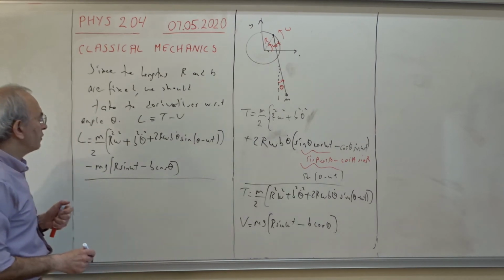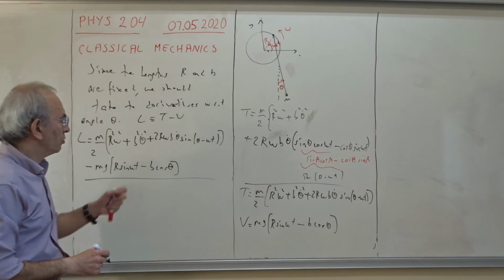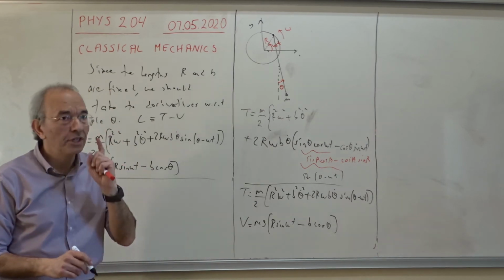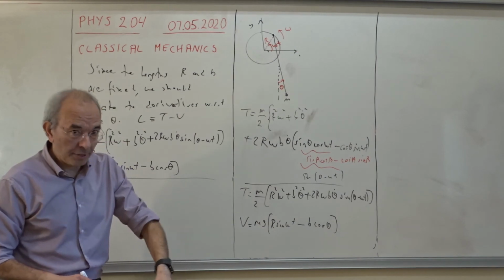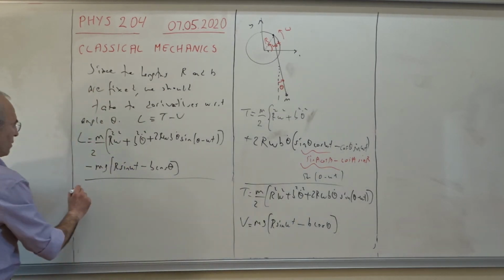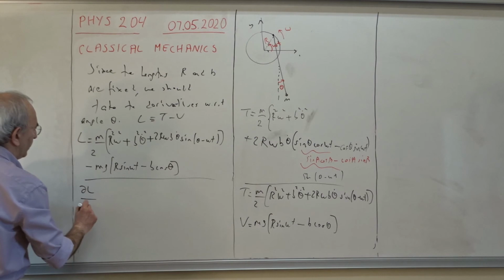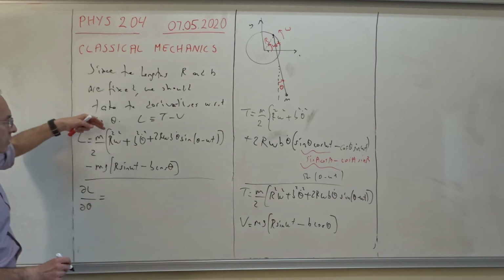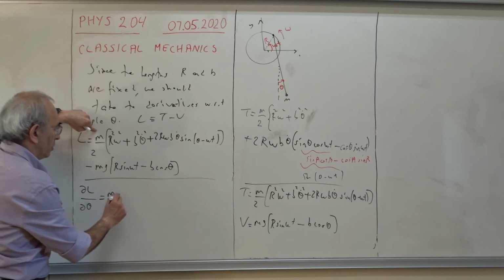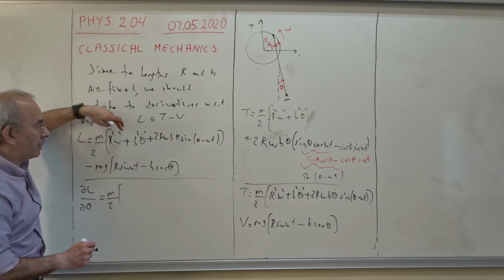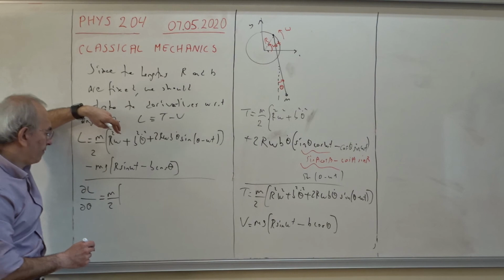And we will take the derivatives of L with respect to angle theta and theta dot, which is the angular speed for the pendulum. So del L by del theta. Let's start with the first term. M, after writing m over 2 multiplied by. Is there any term having a theta?